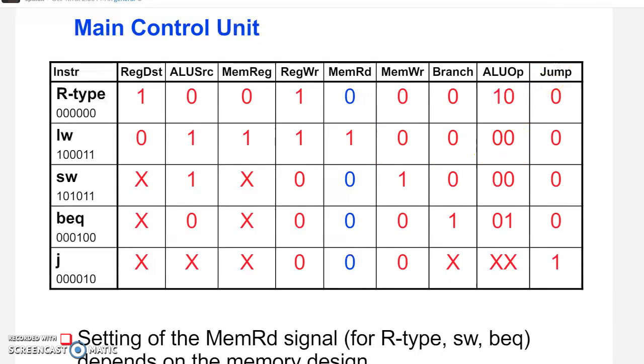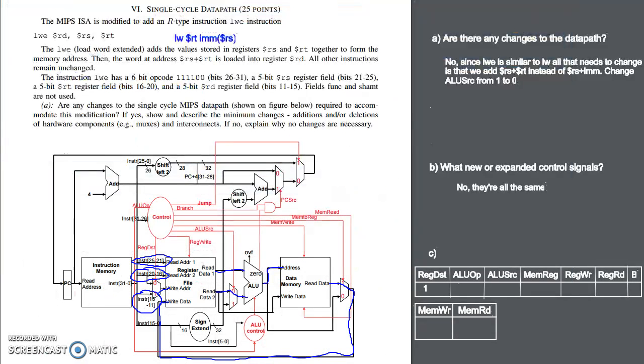We did that before because load words don't use a function, and neither does this R-type instruction use a function. So we're just going to do the default load word operation in the ALU, which happens to be add. So that'll add together our values.